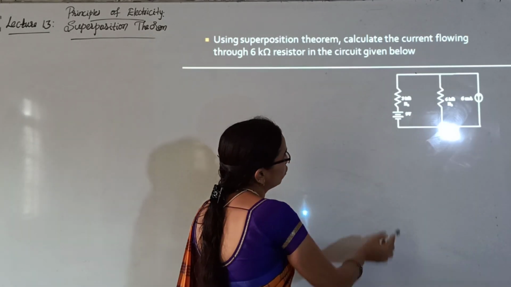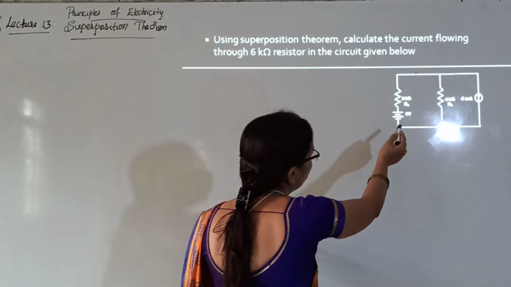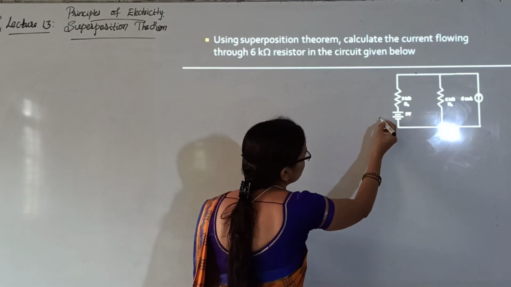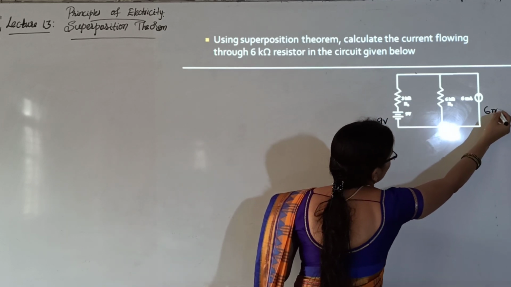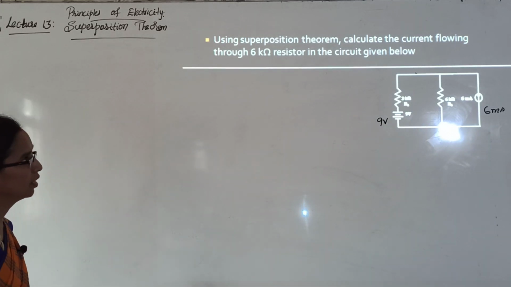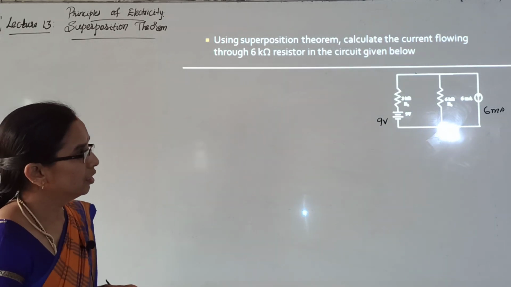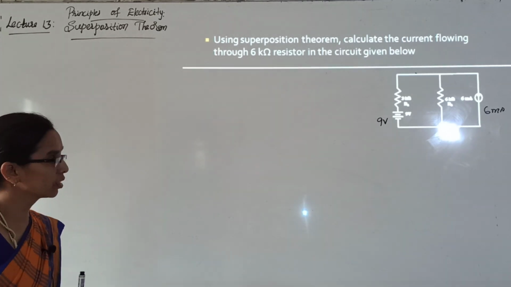Here we have a voltage source and also 9 volt voltage source we have here, and the 6 milliamperes of current is flowing. Here one current source and one voltage source is given.